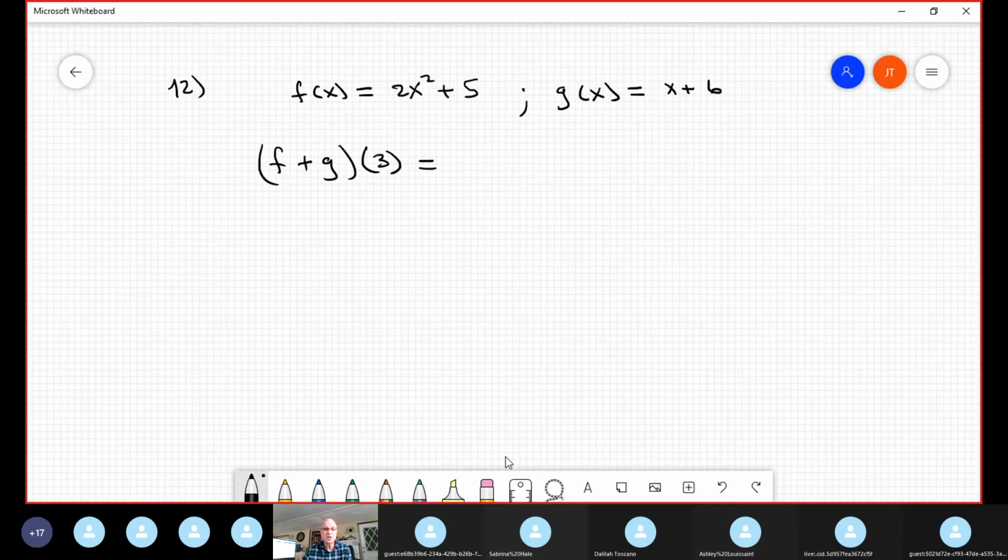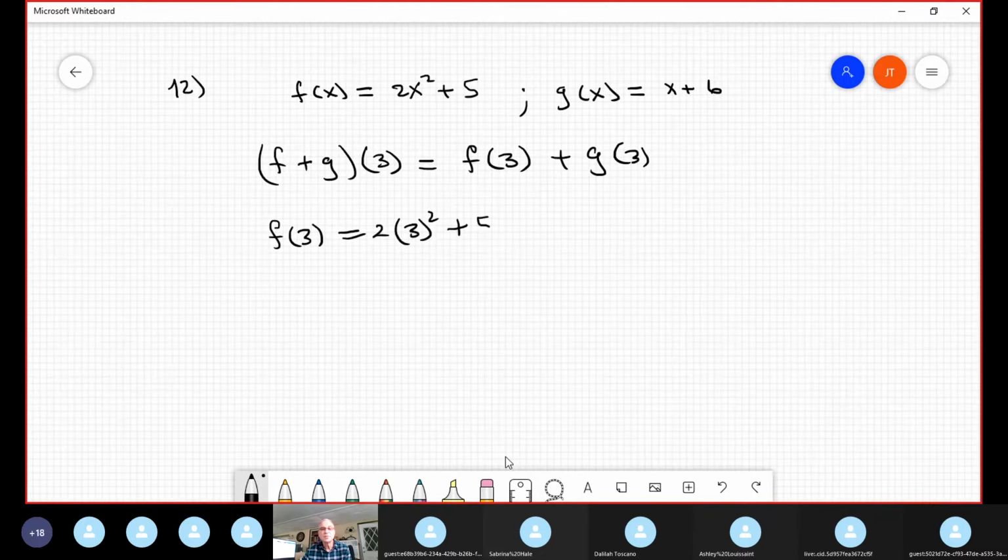This is easy, because this is equivalent to f evaluated at 3 plus g evaluated at 3, and we compute separately. f evaluated at 3 is 2 times 3 squared plus 5. 3 squared is 9, 9 times 2 is 18, plus 5 is 23. g evaluated at 3 is 3 plus 6, which is 9.